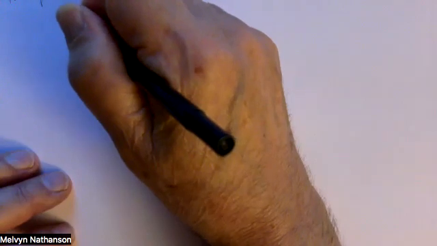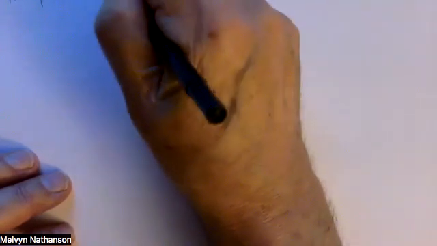Now, there's another operation on matrices which is very important. We'll see why later. It's called the transpose of a matrix. You obtain the transpose of a matrix by interchanging the rows and the columns. What I mean by that is the following.